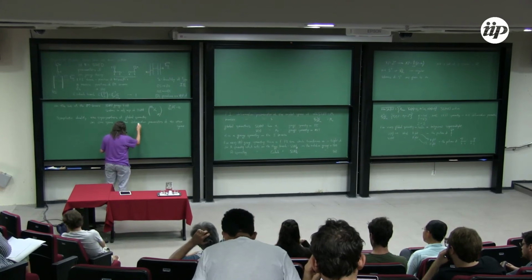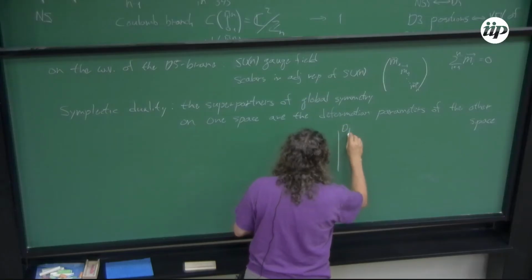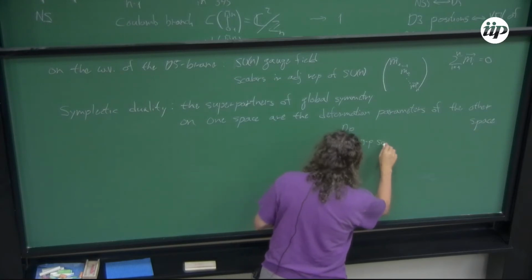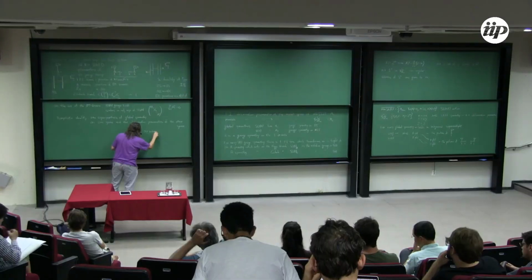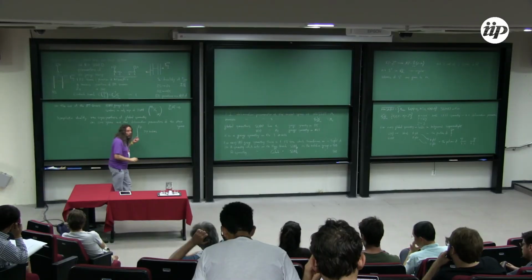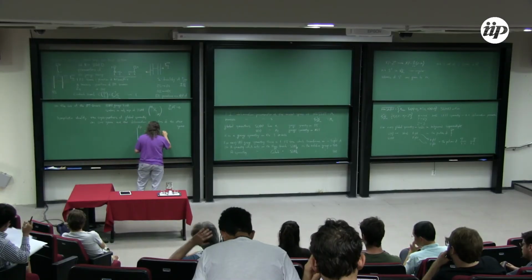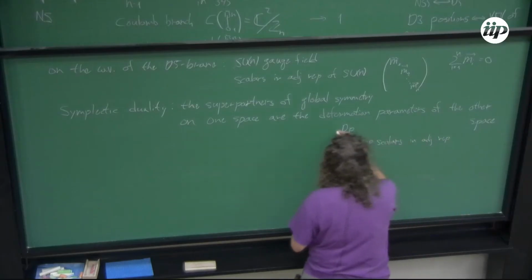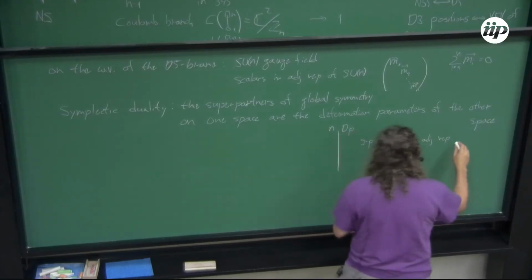Suppose that I take randomly the P brane, then I have 9 minus P scalars, which transform in the adjoint representation in case I have n of them.